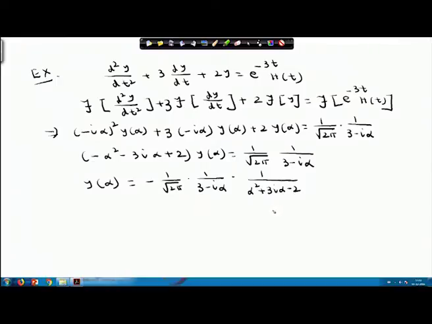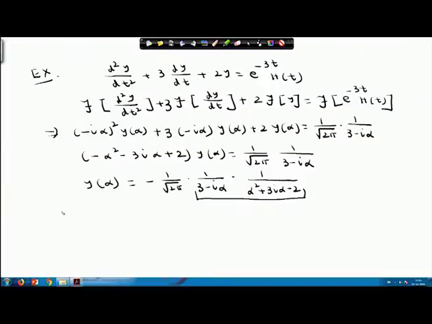So, this again I have to break into two parts: this portion 1 by (3 minus i alpha) into (alpha square plus 3 i alpha minus 2). This I have to break using componendo and dividendo.